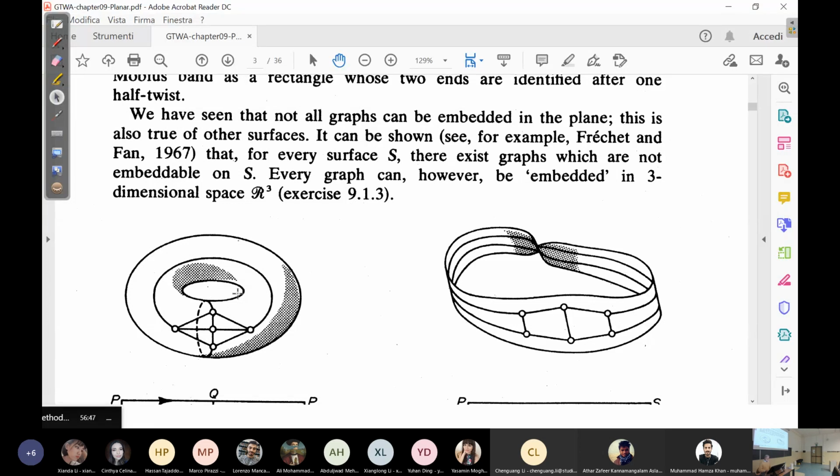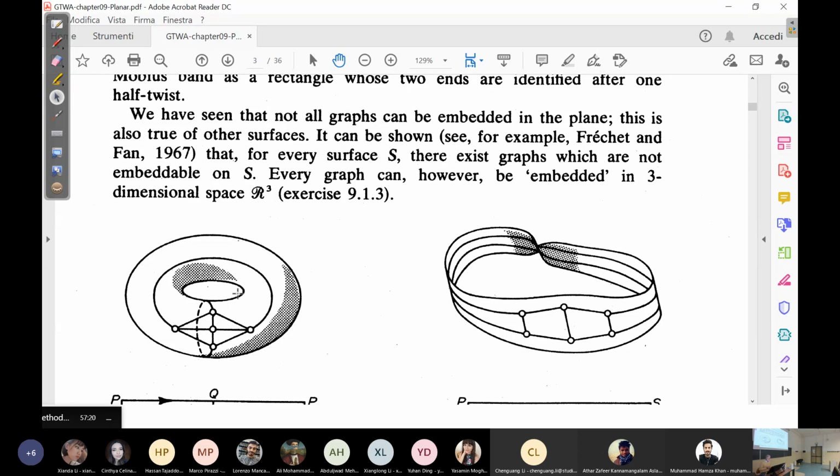And what about K33? The problem I exposed to you a very long time ago, meaning we have 3 neighbors and 3 shops, and they want to build roads from each of the houses to each of the shops, but they don't want to intersect the streets in the middle. Is that possible? We'll see that it's not possible.